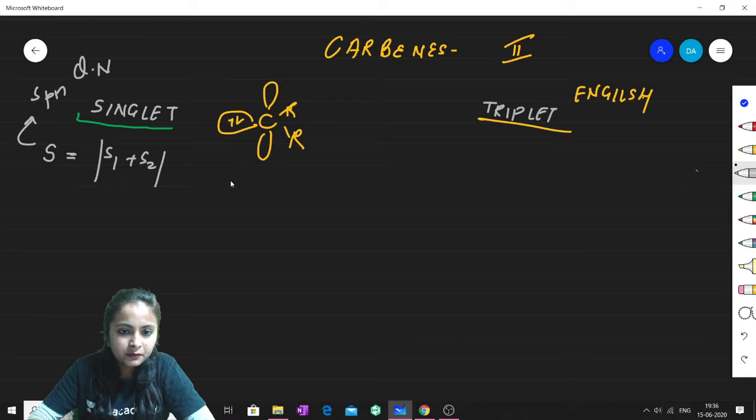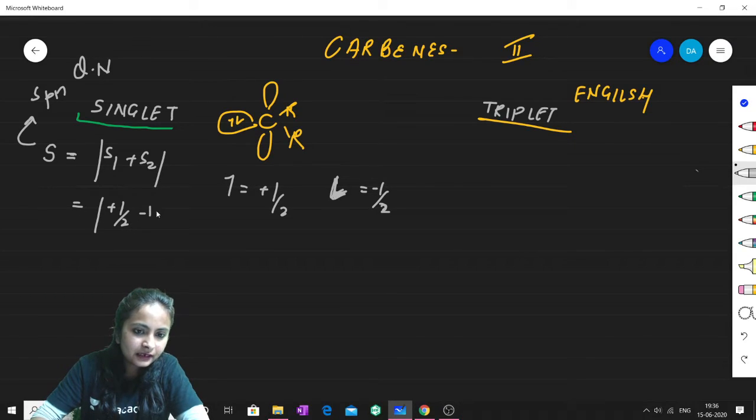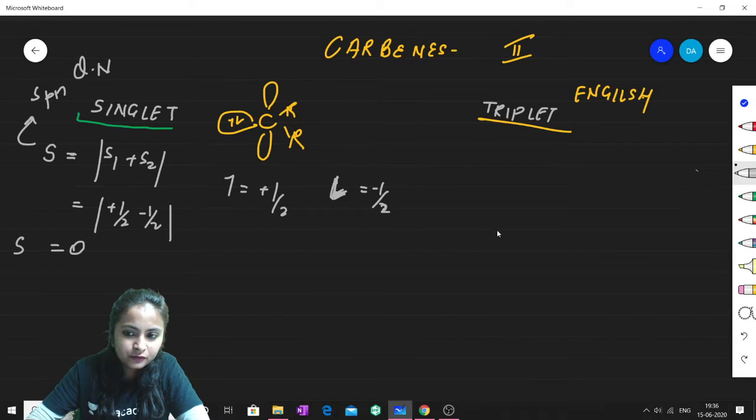This spin orientation is considered as plus half and this is considered as minus half. So we put it here: plus half minus half gives 0. Similarly, there is a formula SM, which is termed the spin multiplicity.